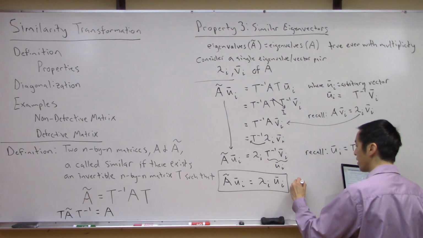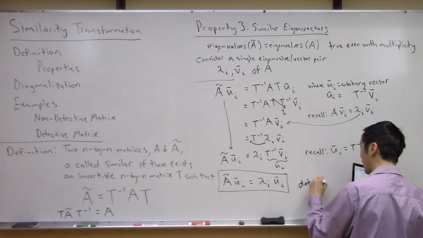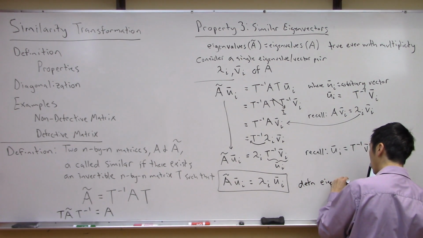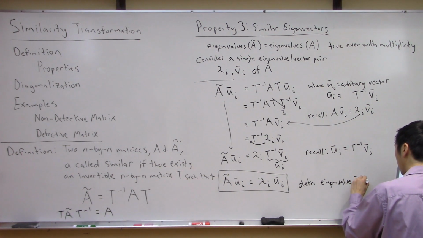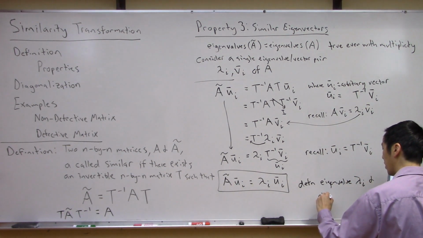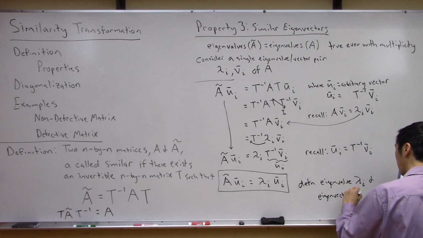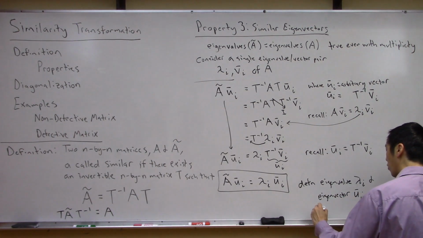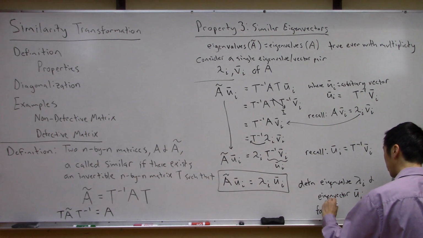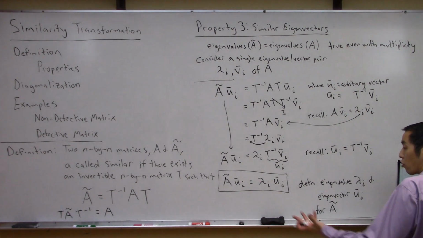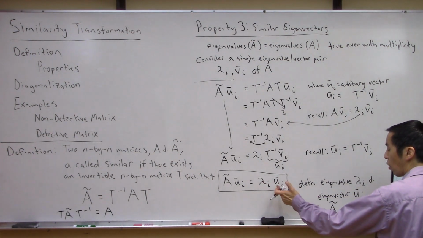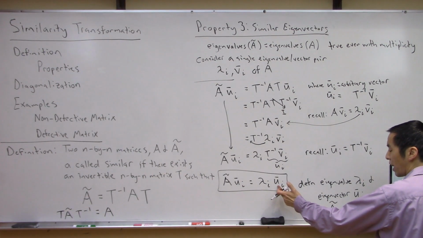So again, this is the definition of an eigenvalue lambda I and eigenvector UI for A tilde, for that matrix, right? So what we can deduce from this is that this has to be an eigenvector, right?